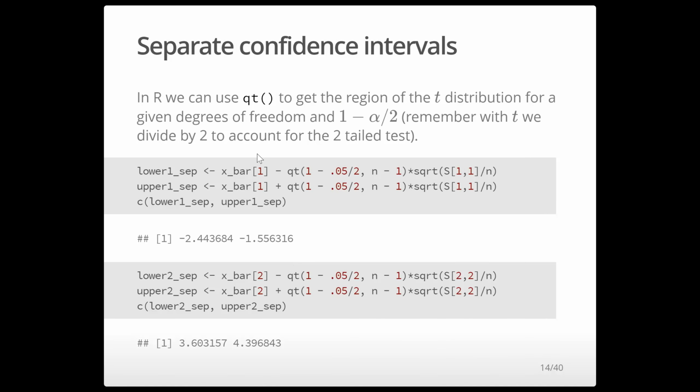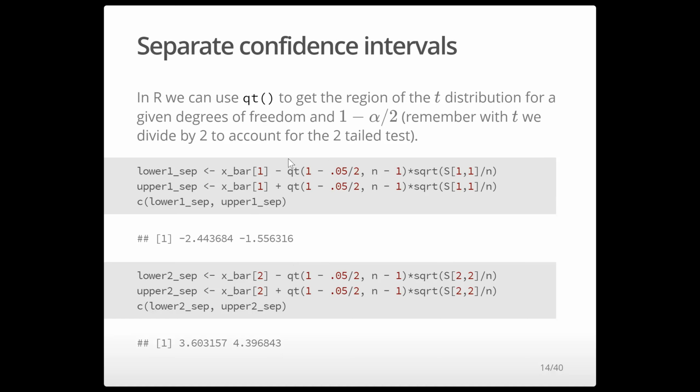And so we can use the qt function to get the region of the t distribution for a given degrees of freedom. And we need to reference 1 minus alpha over 2. Remember, we need to divide alpha by 2 to account for the two-tailed test here. So here I'm taking qt, 1 minus 0.05 divided by 2. So this gives us the region of the t distribution that we're looking at, our critical region.